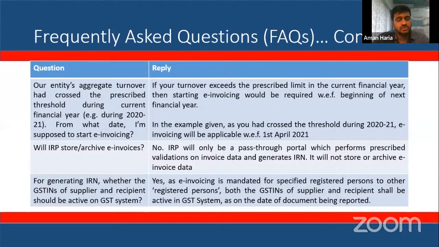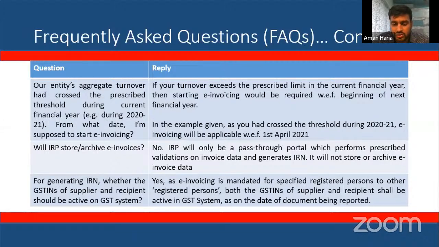The next FAQ was whether, at the time of generation of IRN, the GSTINs have to be active or not. We all might have faced scenarios recently wherein your suppliers or customers who are not filing their returns regularly have their GST registrations suspended.